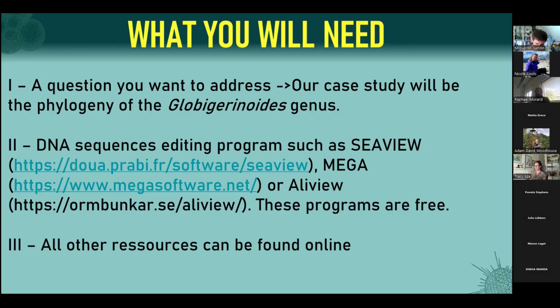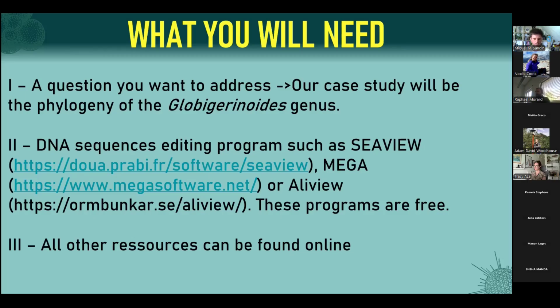Then what you will need is a DNA sequence editing program, such as either SeaView, MEGA, or AliView. There are other options. What is good with these programs is that they implement basic functions. They have a user interface, which means that you don't need to know how to code. These are programs that function with menus, and you can do all basic analysis on your desktop with that.